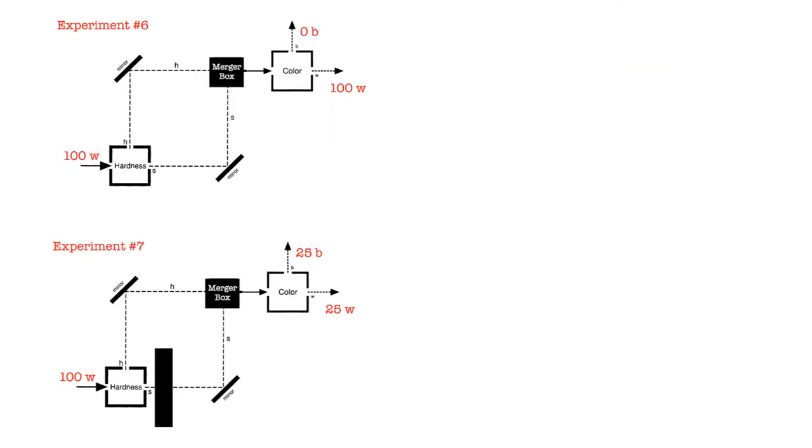So let's rehash something kind of interesting here. Let's look at the blue port and the exit of the color measurement box, okay? In experiment 6, 0 of these 100 white electrons make it out of the blue port, okay? But in experiment 7, that number of 0 has increased to 25, okay?